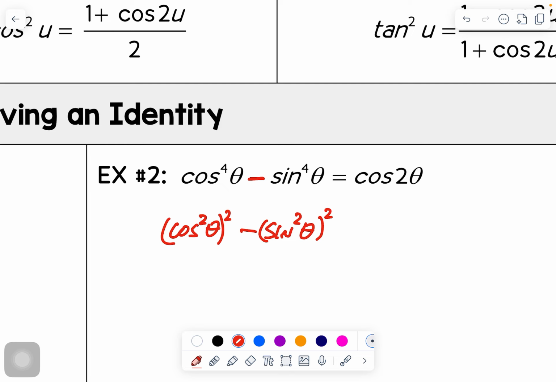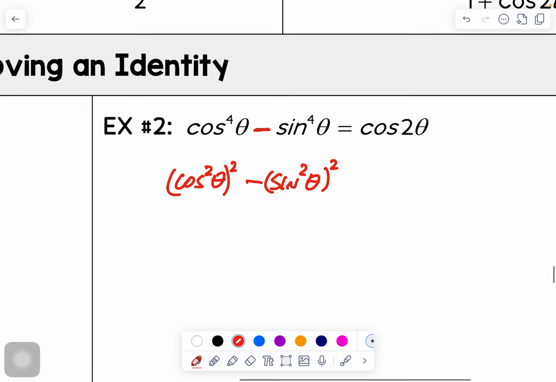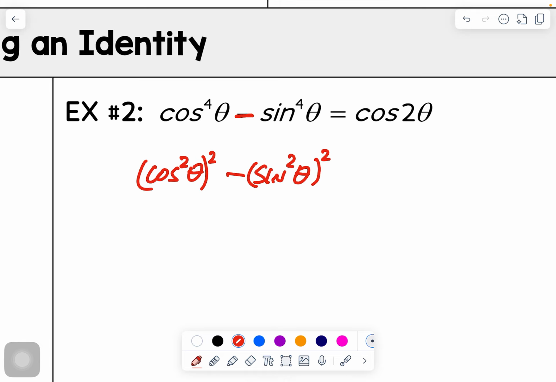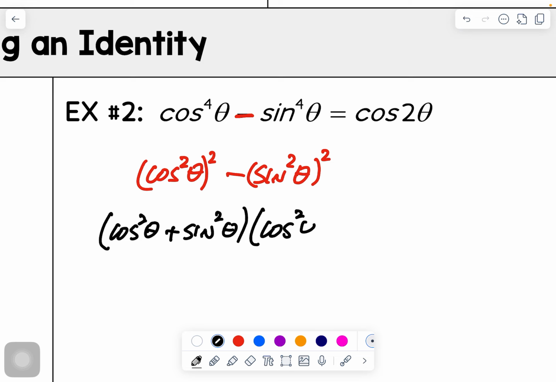I'm just rewriting what I already have. Anytime I have the difference of two things being squared, I can factor them into two binomials, one with addition and one with subtraction. So that would look like this: cosine squared theta plus sine squared theta. Alarm should be going off right now. And then I'd be multiplying that by cosine squared theta minus sine squared theta.